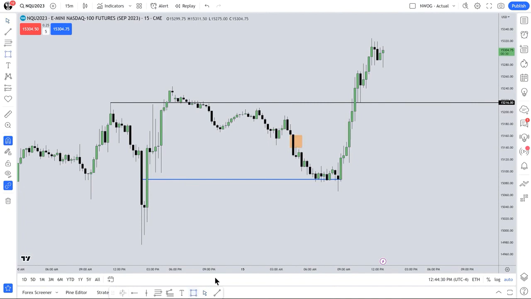All right, if we were looking at both fair value gaps like this, which one's higher? This one, right? So to identify and map this out, we use this one as the high, and we drag it down to here. Okay, so all of this is a balanced price range.